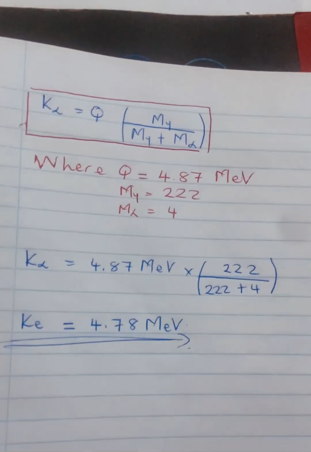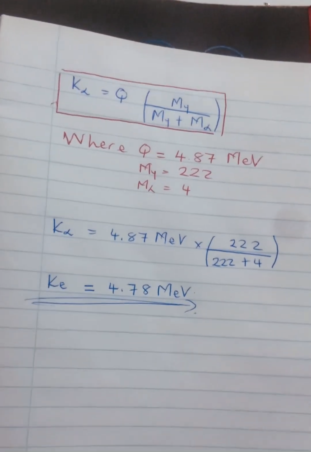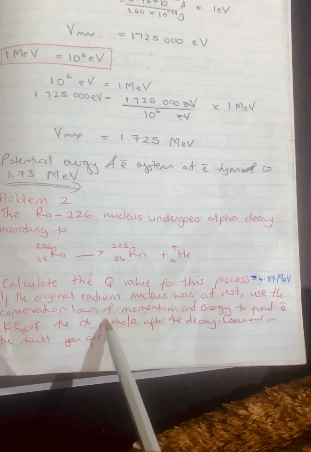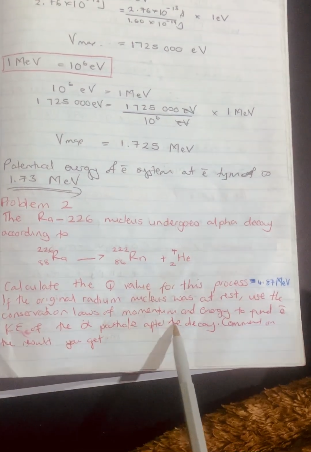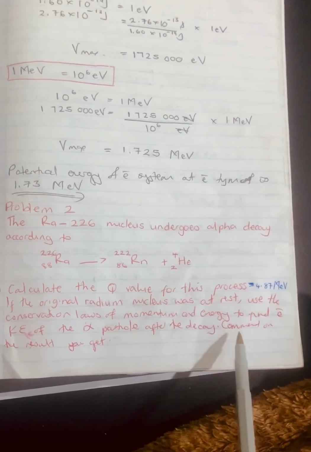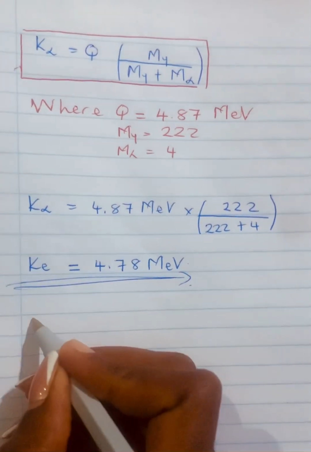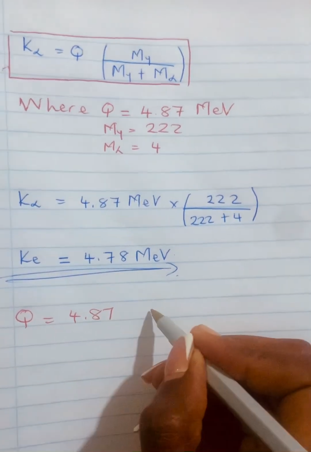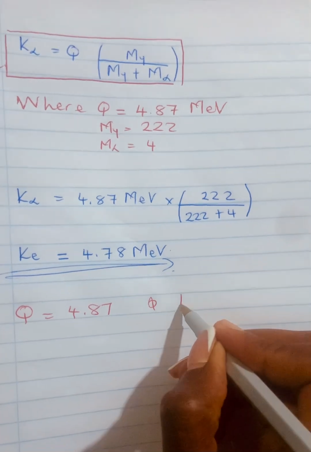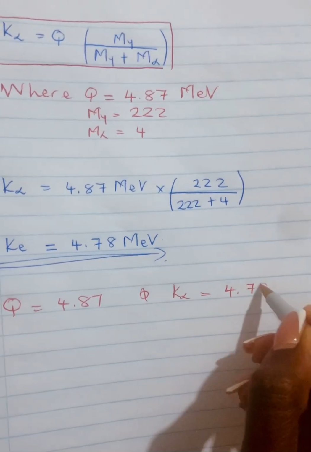So now the question says I should comment. The question says find the kinetic energy of the alpha particle after the decay. Comment on the result that you get. So if you check, my Q value is 4.87 and my kinetic energy is 4.78.